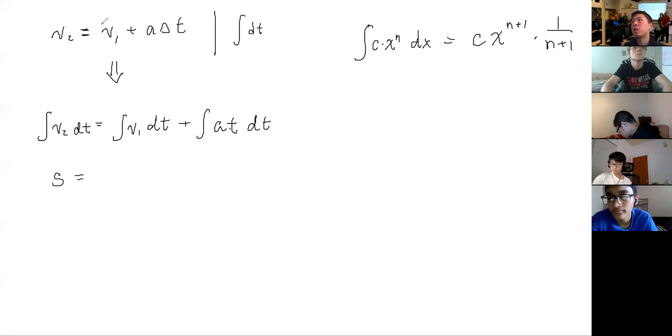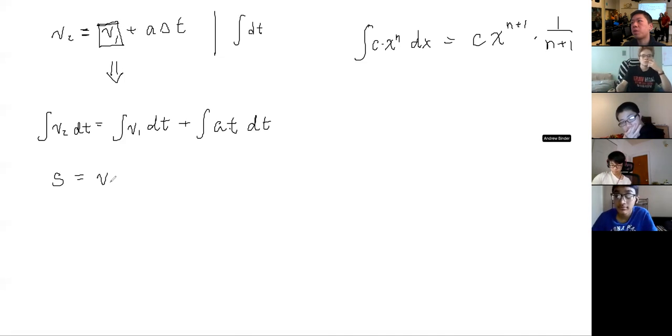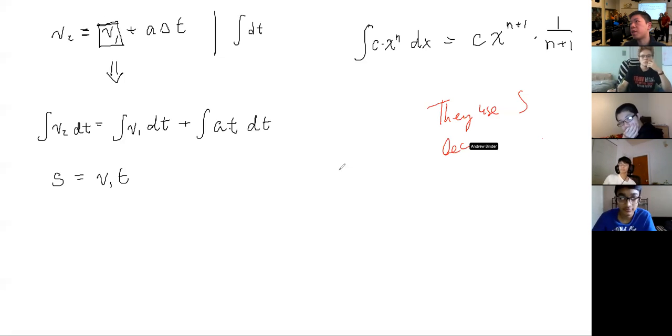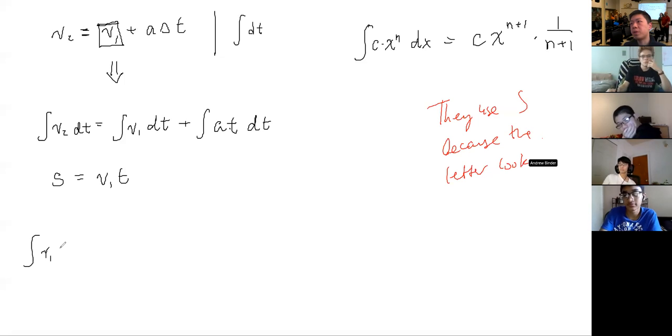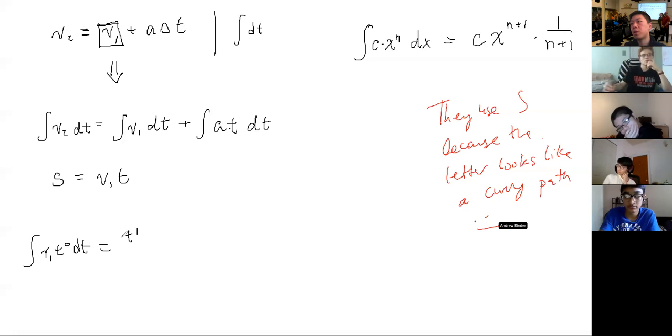Now v1 is the velocity that we started with, so that's actually going to be a constant. So it's going to be just v1 times t, because if we take the integral of v1 times t to the 0, dt, by our rule this is t to the first times v1 over 1, which is just v1t.